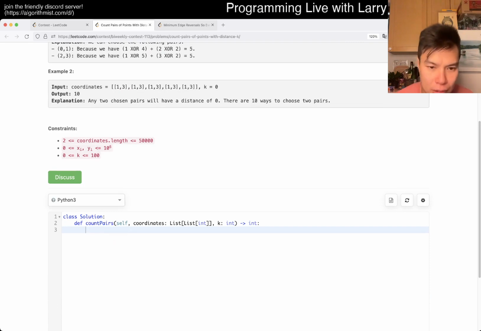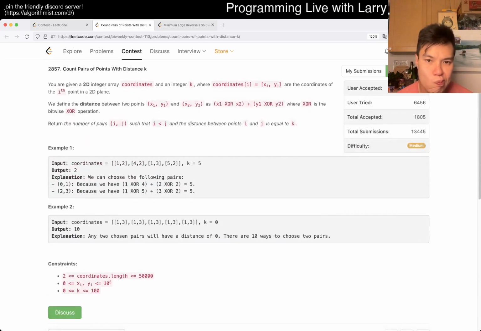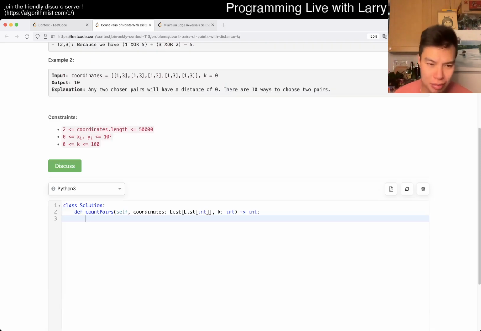They make the bounds so annoying for Python. Yeah, we'll see. I mean, if I have to rewrite this in C++, I guess this is just Leetcode. I blame Leetcode.